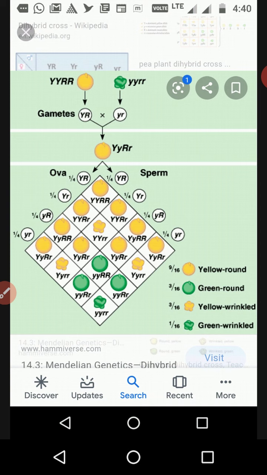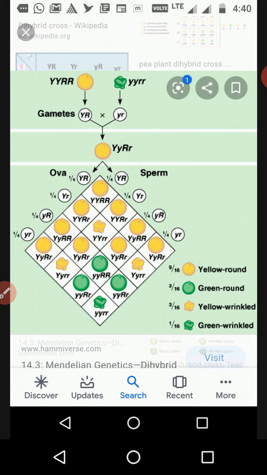In each and every box, you have to count wherever capital letters are present, because they always show the dominant character in their fruits. All have to learn this. Clear? And wherever small letters are present, it will always show the recessive character.